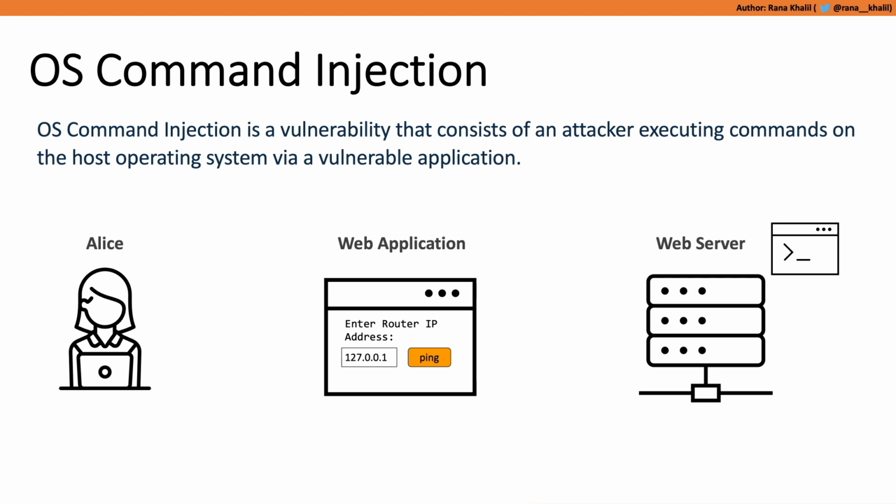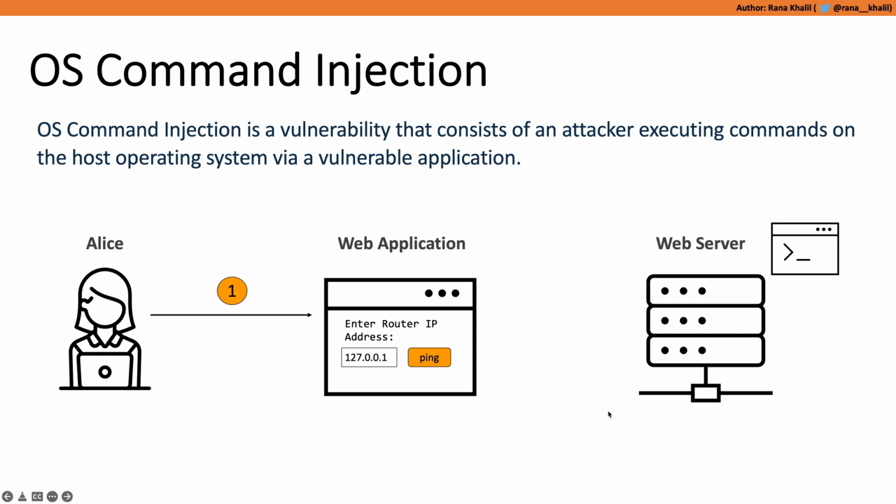Imagine you have a user, Alice, a web application that is vulnerable, and a web server that the application is running on. The web application is used to configure routers, and so it gives you the ability to ping IP addresses through the application in order to make sure that an IP address is up and running. And the way to do that is you, as a legitimate user, Alice in this case, pings an IP address that Alice wants to check is up and running.